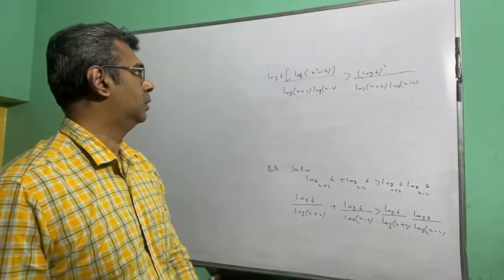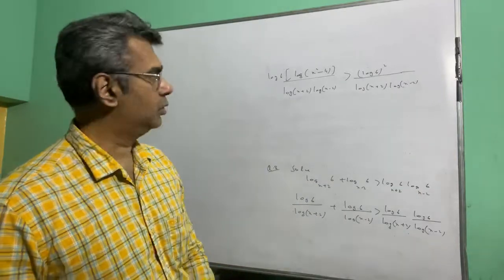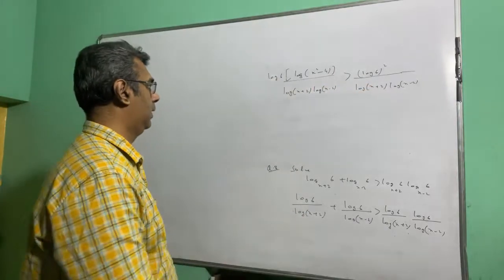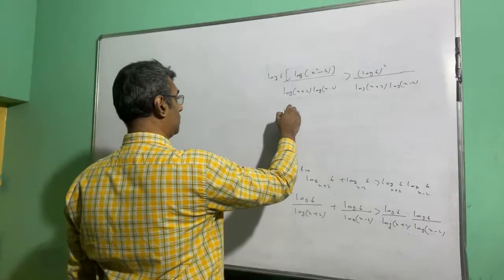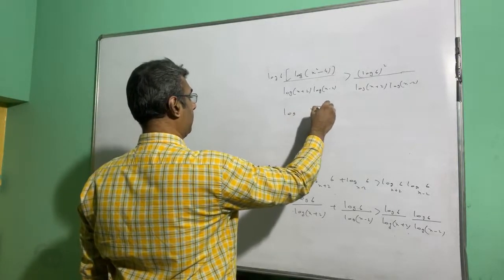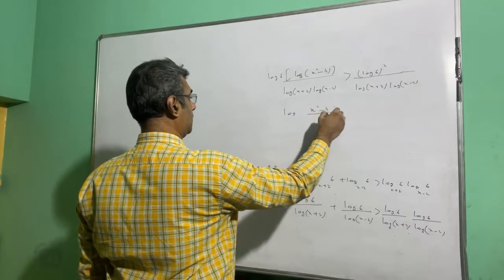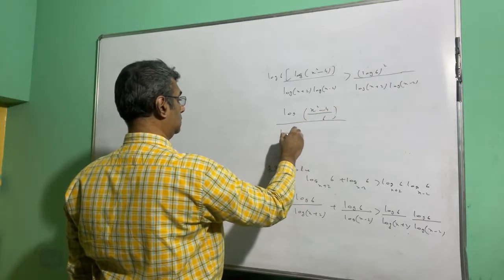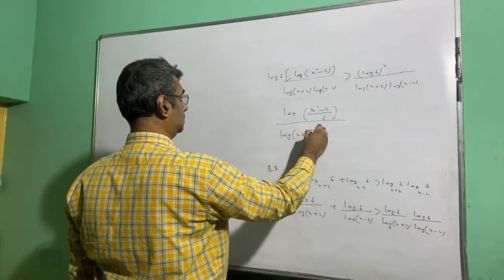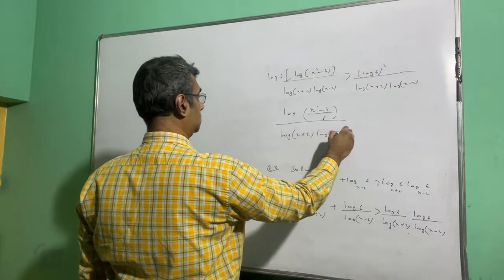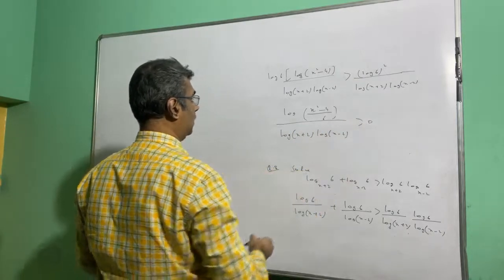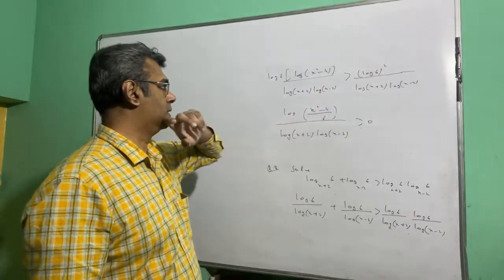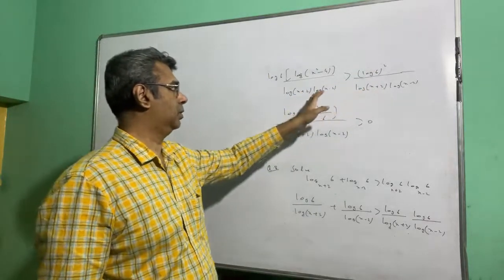Okay, so now let's do one thing. Let us cancel one log 6 and bring this whole thing to the left. So let's cancel one log 6 here, one log 6 here, bring this whole fraction to the left.